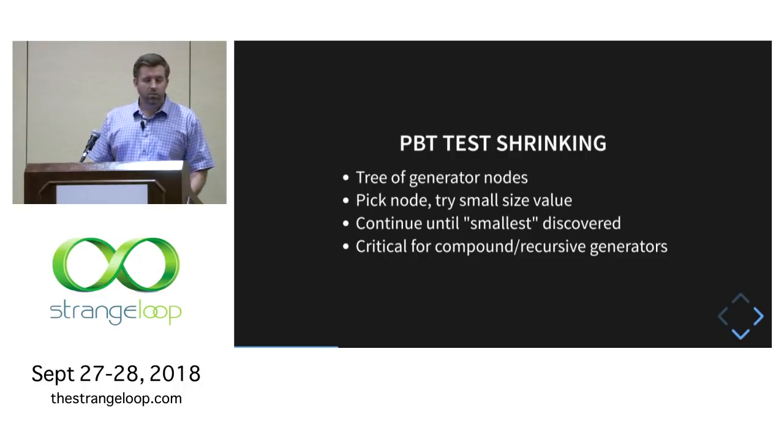What the shrinking process does is it picks an arbitrary node in that tree, and it tries it with a smaller size value than it was originally called with. If the resulting test case is smaller, and it still fails, then it continues trying to find smaller test cases. If it passes, then it backtracks. And this process continues until some sort of minima is reached.